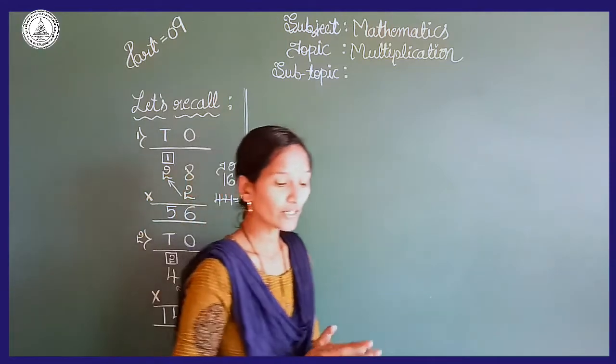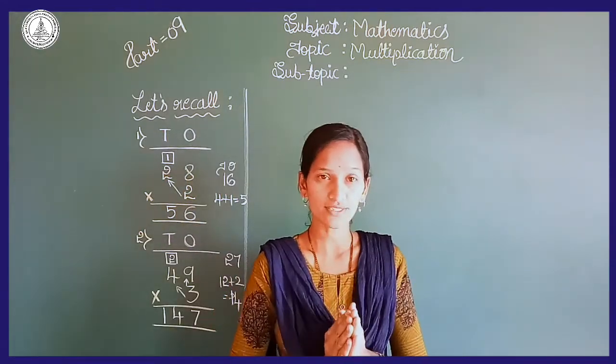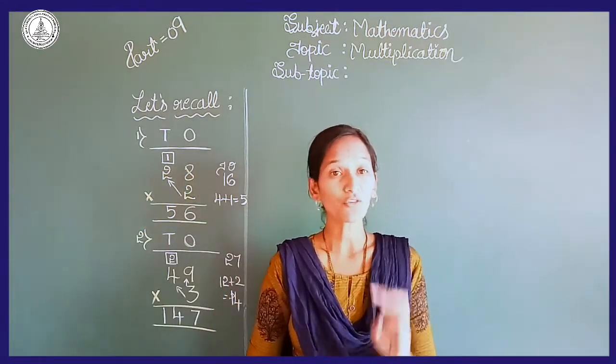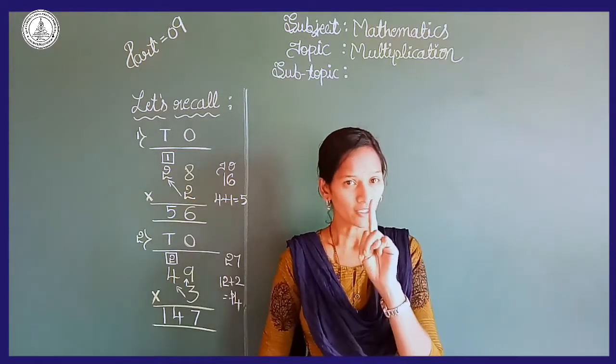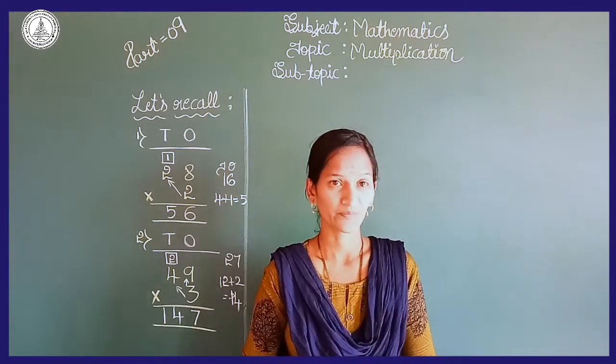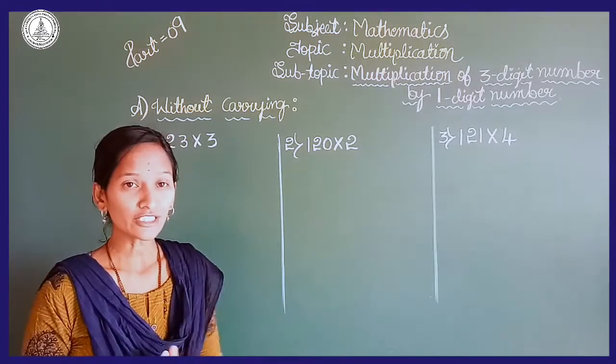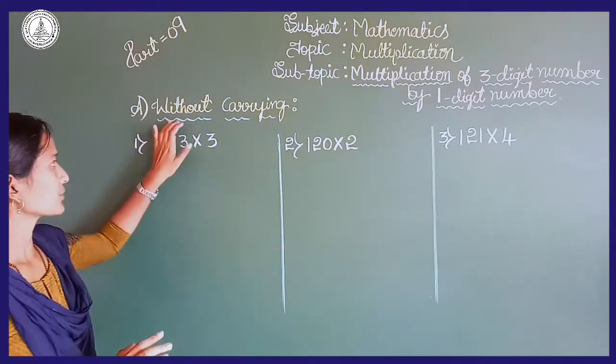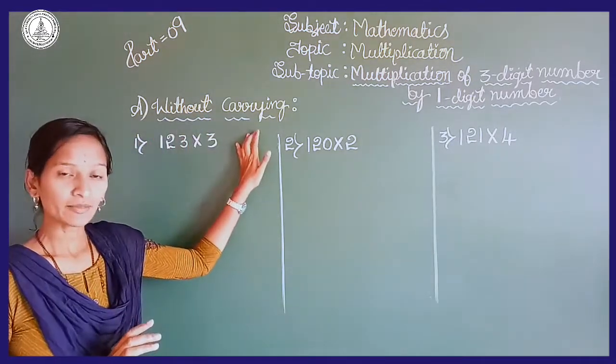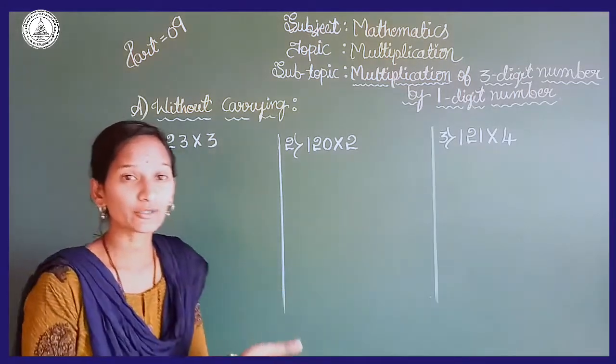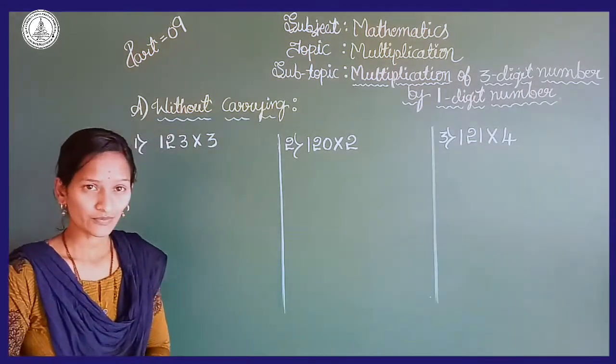Now come to our today's new concept, multiplication of a three-digit number by a one-digit number. In this concept, the first one is without carry. It means we are not giving any carry to the next place values, right?